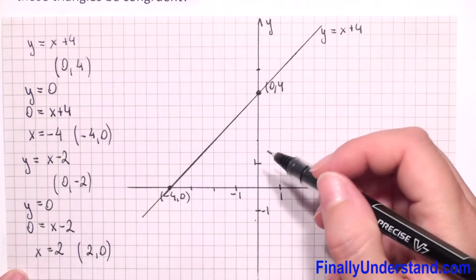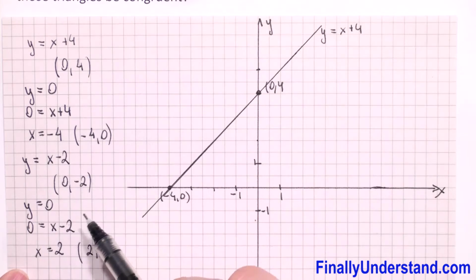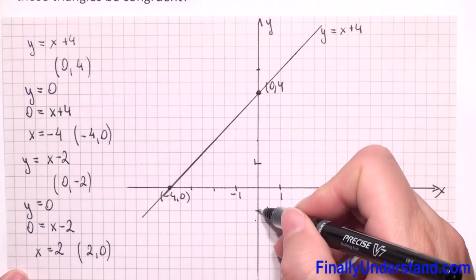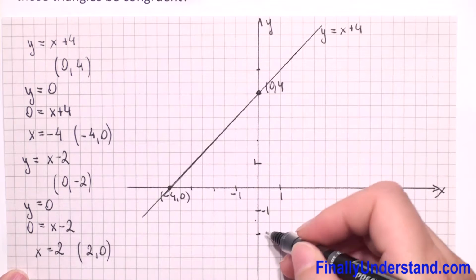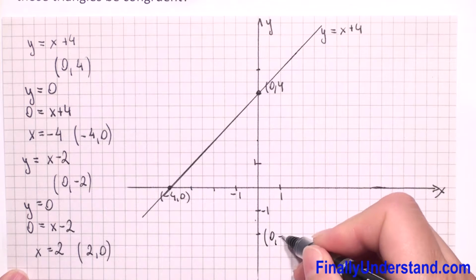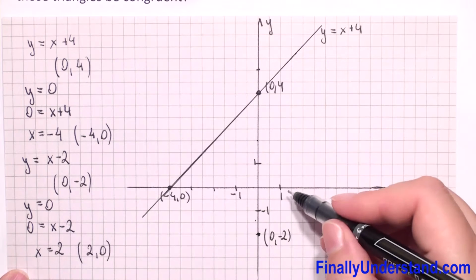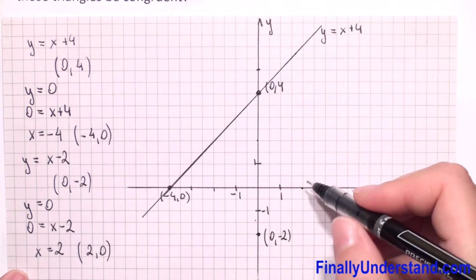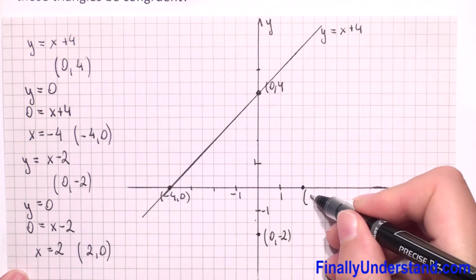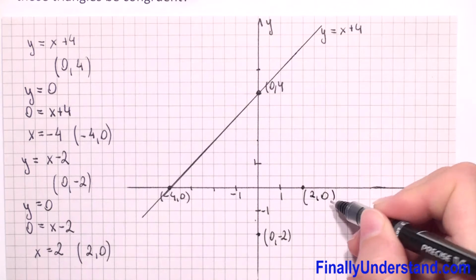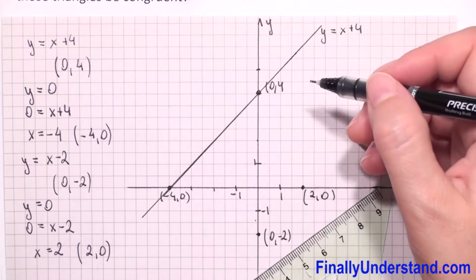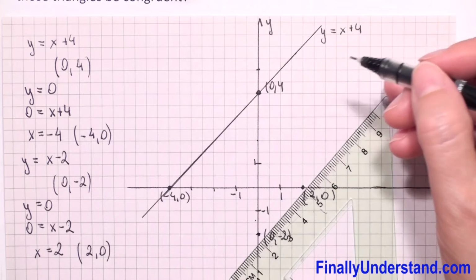So let me find these points. We have (0, negative 2). Negative 2 is here, so we have (0, negative 2). And the second point is (2, 0). So this is here. Next we connect these 2 points.